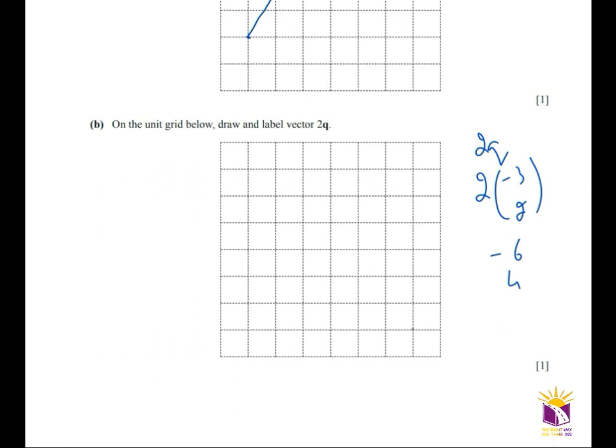So I am going to start from here because I have to move toward the negative side. So 1, 2, 3, 4, 5, 6 for the x-axis and 1, 2, 3, 4 on the positive side for the y-axis. So my vector starts from here and ends over here. You are going to draw it with a scale, so your line will be a straight line.